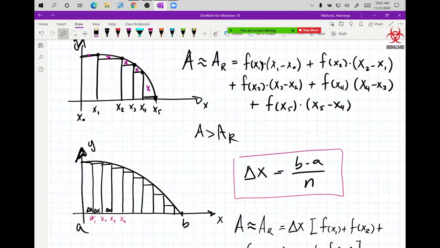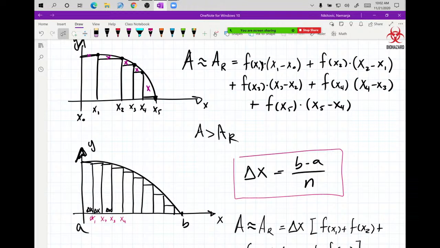But infinitely thin rectangles collapse the left point and the right point into the same point, which means there is no thickness to create that physical area which creates error, right? So what we just did is we created a formula that will give us the exact area.